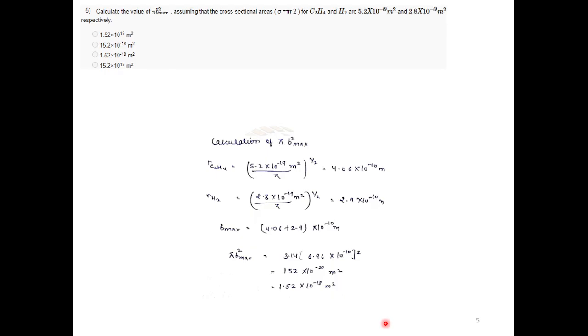So this pi b square max gives the area in meter square, pi r square, right?